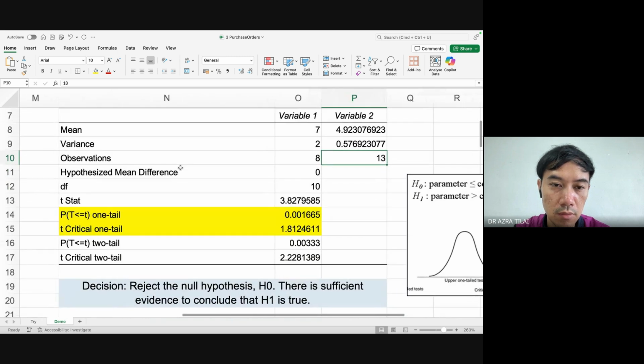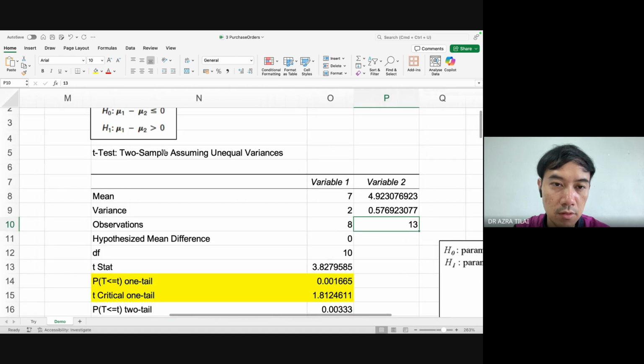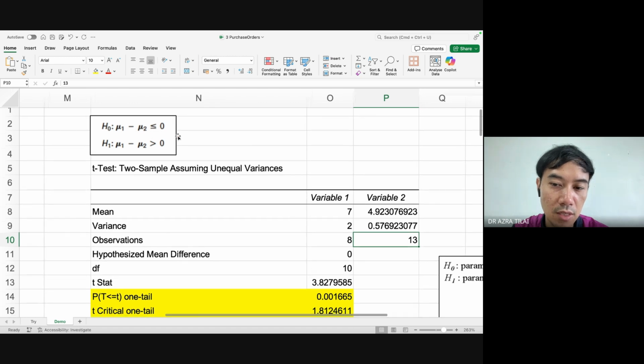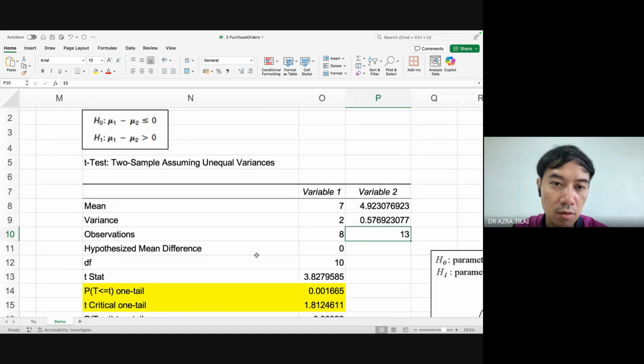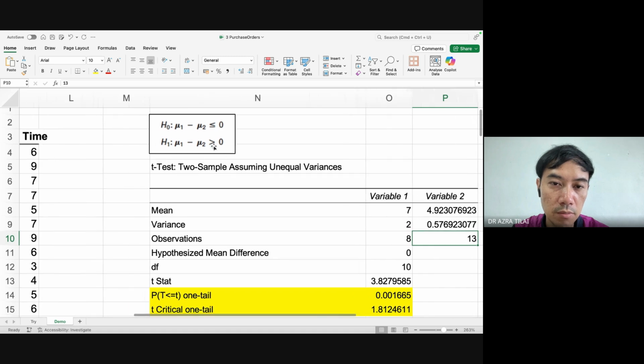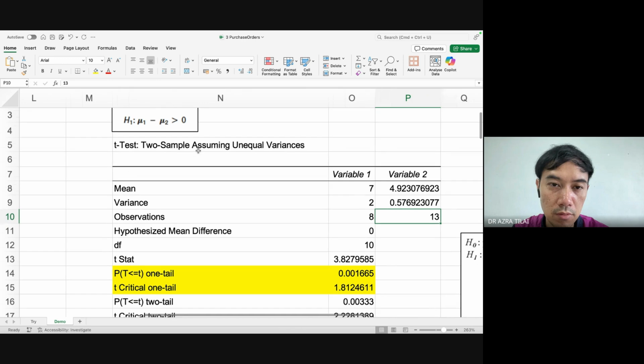They want to test the mean, because this one is the mean. The existing theory suggests the difference should be less than or equal to 0, but your statement is that it should be more than 0.